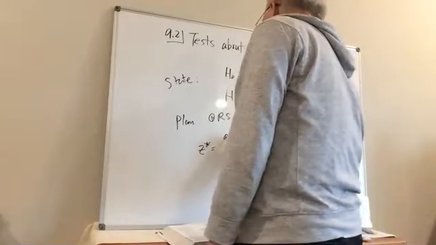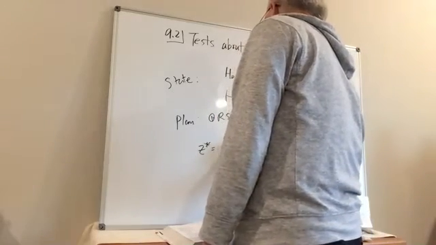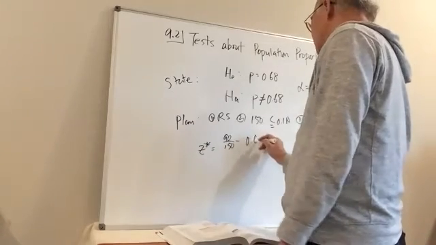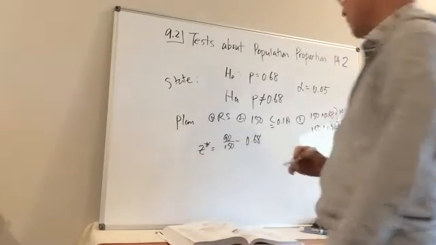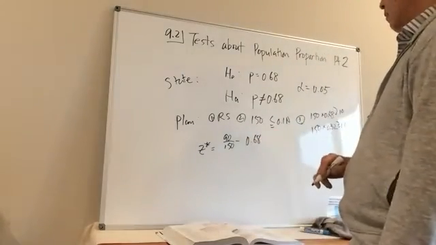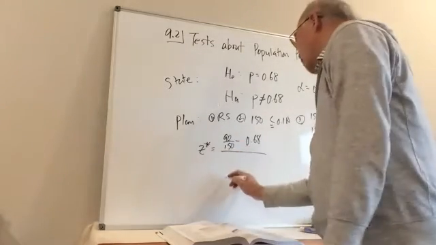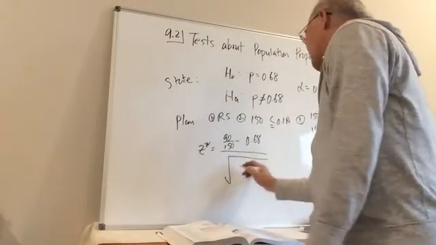So 90 out of 150 minus 0.68. Oh, so this is 0.6. So we're in a negative number here, okay? And we're going to get this.